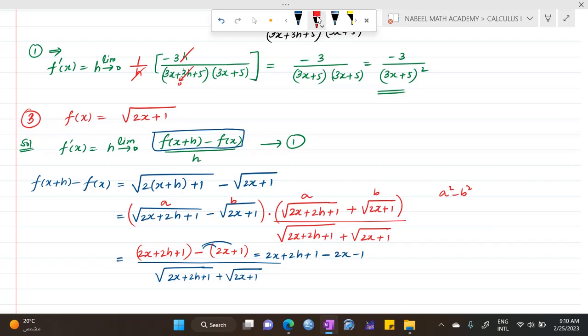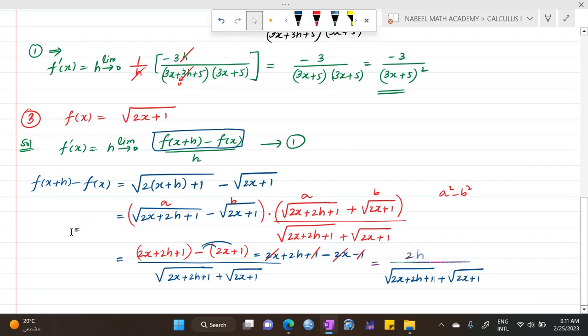What are the terms that get cancelled? 2x minus 2x, plus 1 minus 1 cancel. So what is the remaining part you will have here? Which is equal to 2h as the numerator. What about the denominator? It is square root of 2x plus 2h plus 1 plus square root of 2x plus 1. So this is the simplified part.